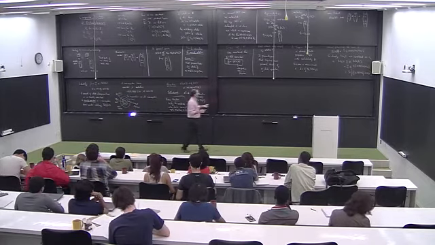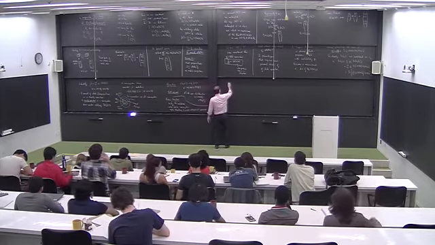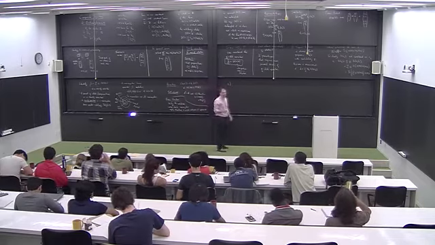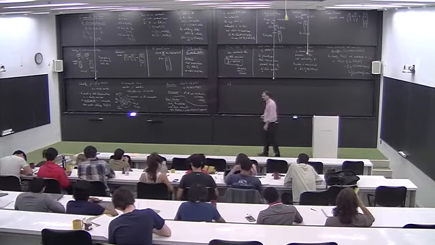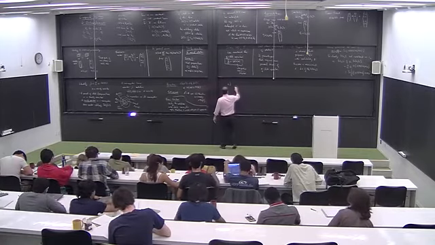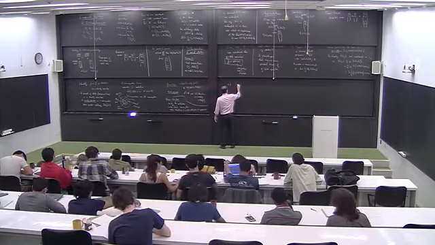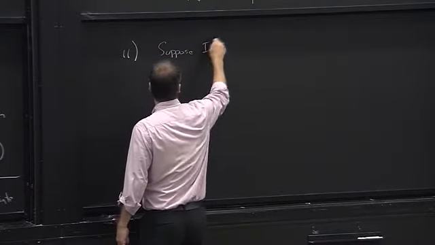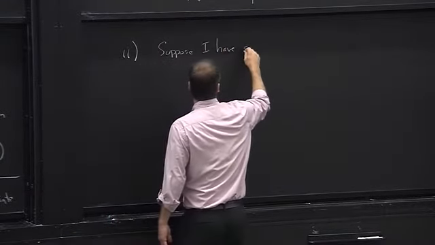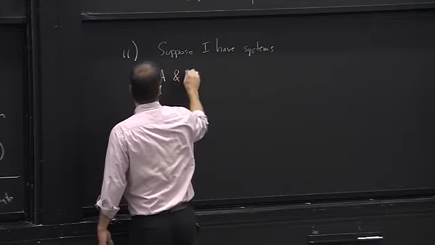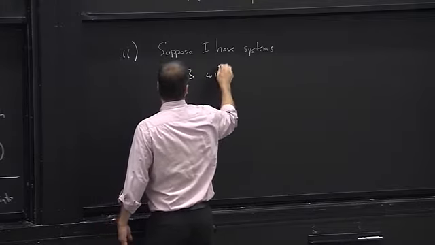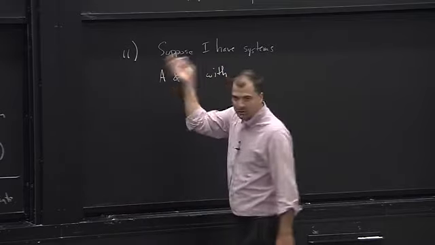All right, so now let's talk about the really interesting scenario, which is why we need density operators as a consequence of entanglement. Suppose I have systems A and B, with the usual, I'm just going to use my standard notation.